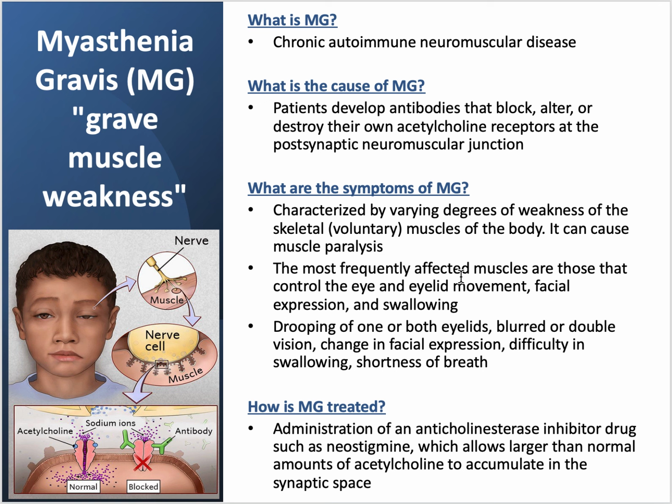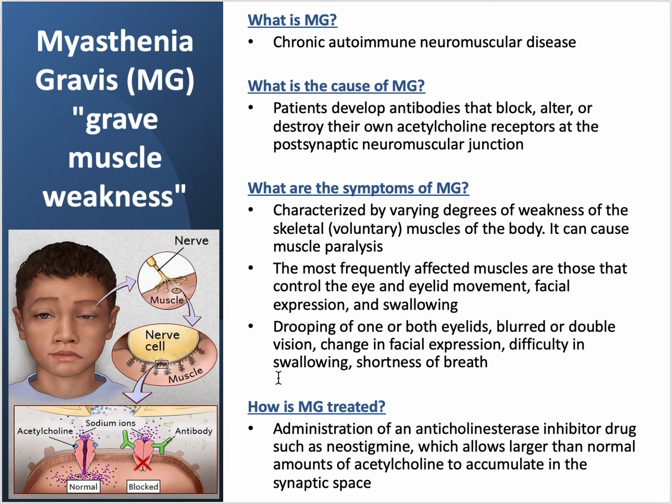Fewer acetylcholine receptors means you could have less muscle contraction in certain areas. That's why these individuals will have drooping of eyelids, blurred or double vision, issues with facial expression, difficulty swallowing, anything that really involves skeletal muscle contraction.